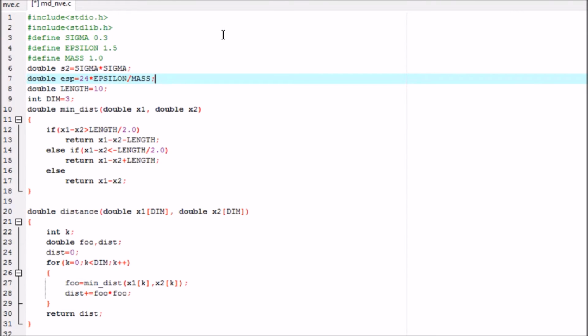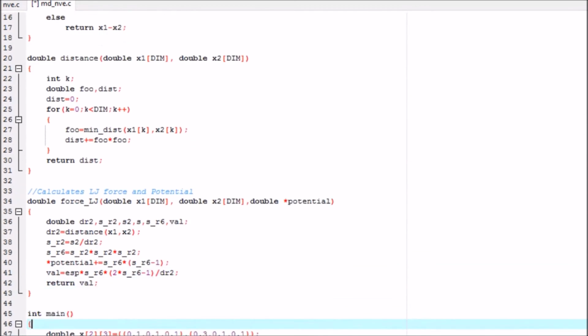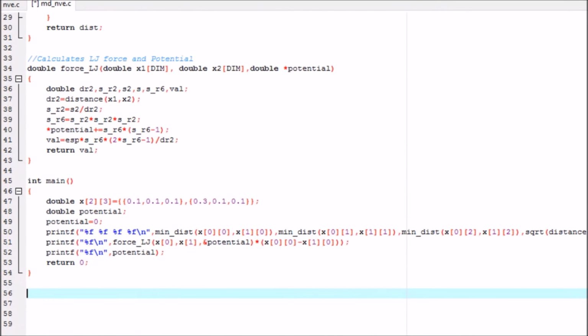So there are two ways we can go when we have multiple particles. One way is that we define the mass ratio and just define by one base mass, and then multiply ESP with the mass ratio to get other acceleration values. But for us, we just have one particle system, so we'll just divide by mass in the global variable. So that's it, and now let's go ahead and define the main function.